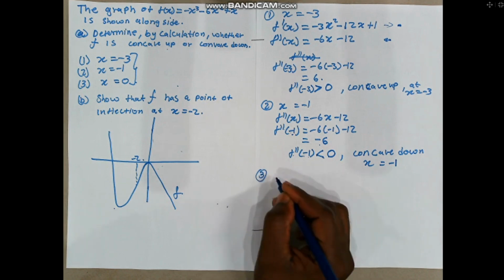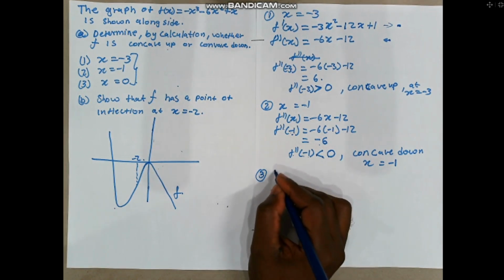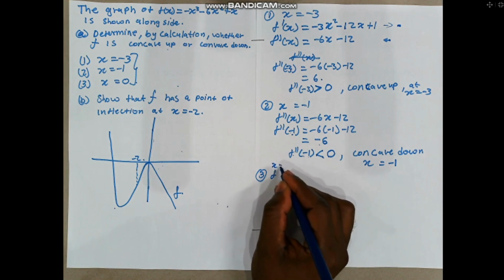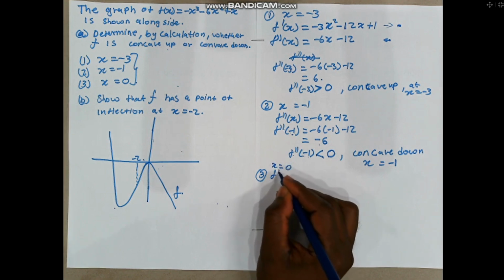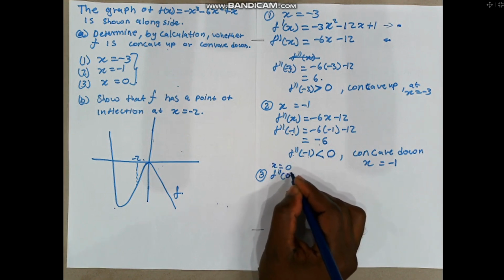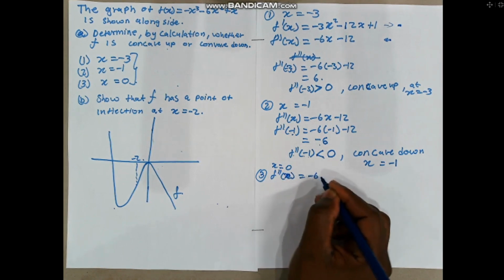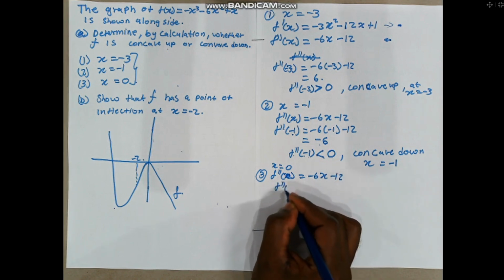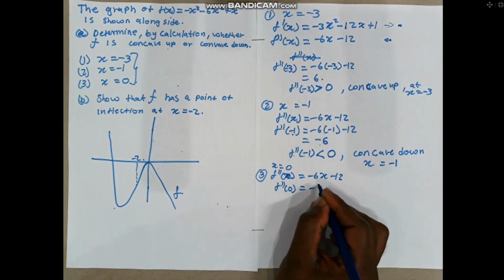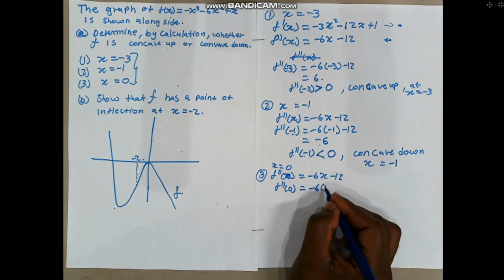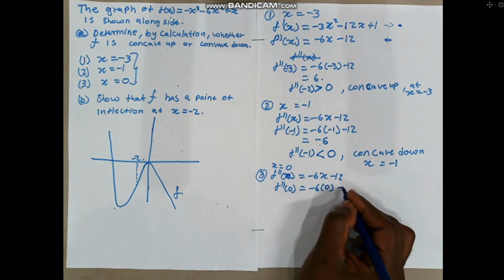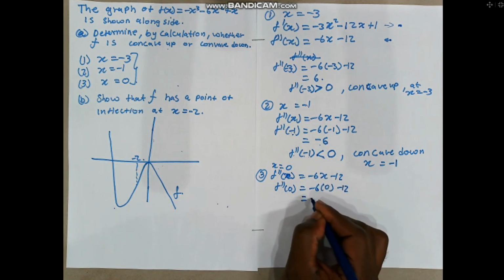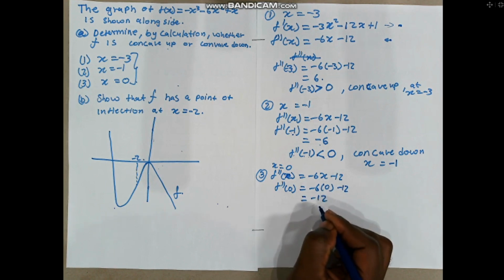Number 3, where x is equal to 0. Let me just put the second derivative first, which is -6x minus 12, and then the second derivative at x is equal to 0. Our answer here is just -12.